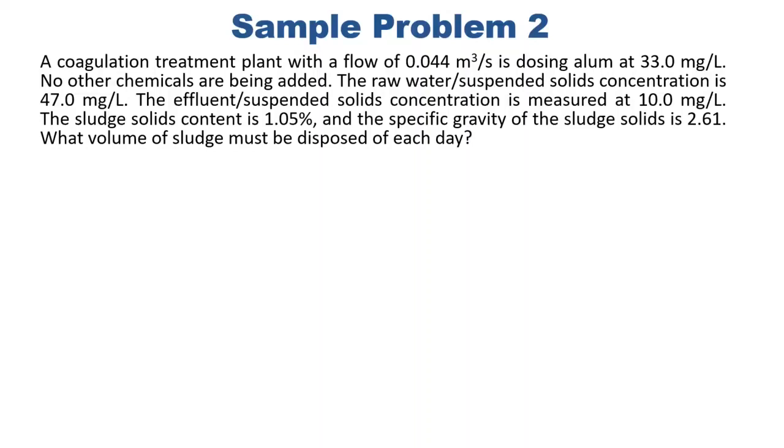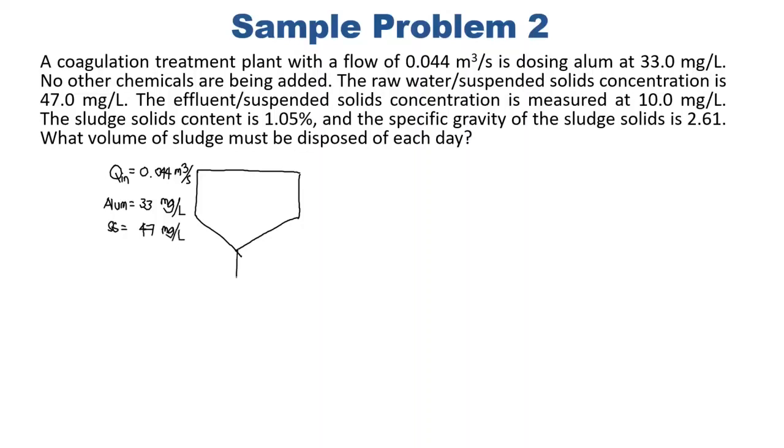First, let us illustrate the problem. Say we have a basin here. Volumetric flow in is 0.044 cubic meter per second. And the alum introduced here is equal to 33 milligrams per liter. Now for the suspended solids here, 47 milligrams per liter.